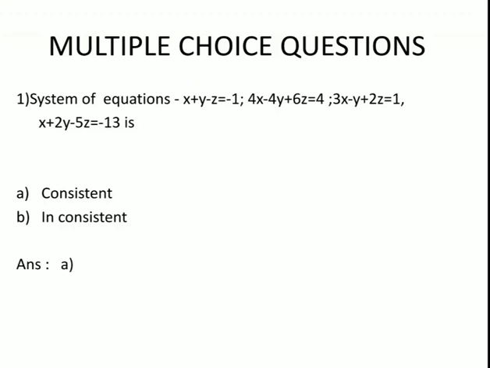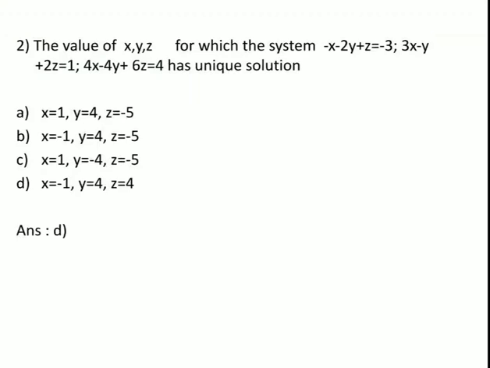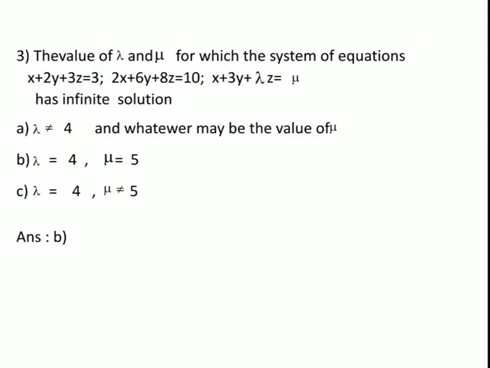Consistent means it has a solution, and inconsistent means it has no solution. This you have seen by finding the determinant of this matrix. And you have to find the values of x, y, z for which it has a unique solution. And the third one is, you have to find the values of lambda and mu which satisfy these 2 equations which have an infinite number of solutions.